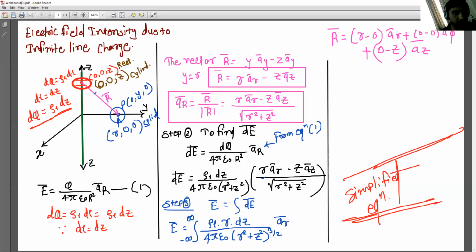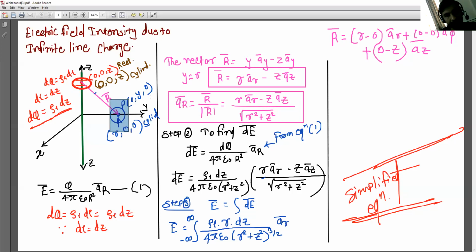Then we have created a small point charge called dq. This is our step 1, right? So we have created dq here having coordinate 0, 0, z. And because of that dq, how much electric field intensity is produced at point P? This P is assumed at 0, y, 0.